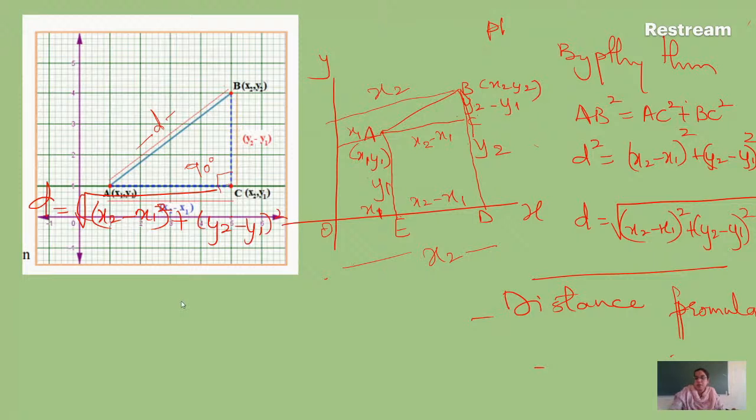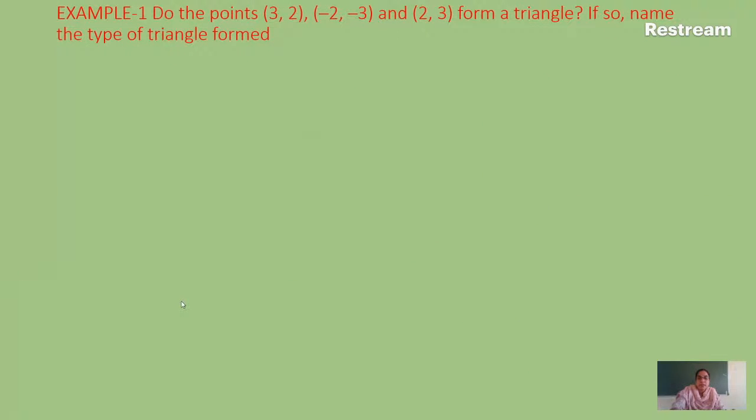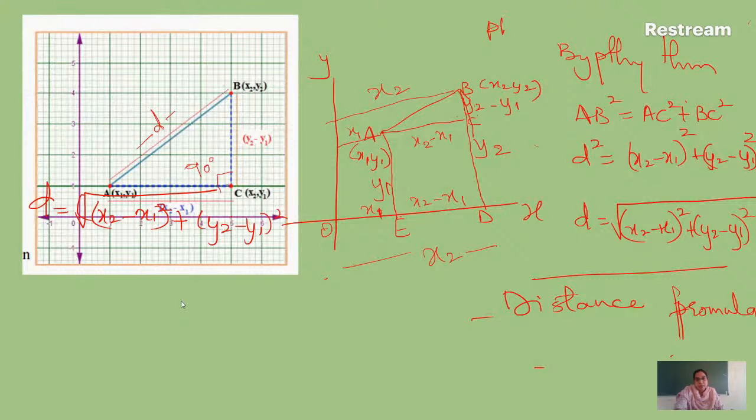Here in coordinate geometry, again just one example we will discuss. This distance formula we are going to use to find the distance between any two points.